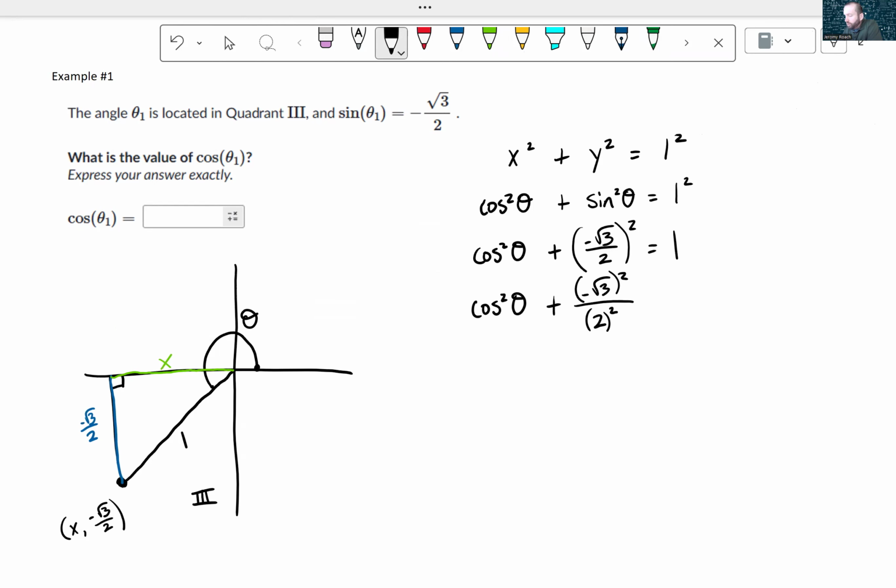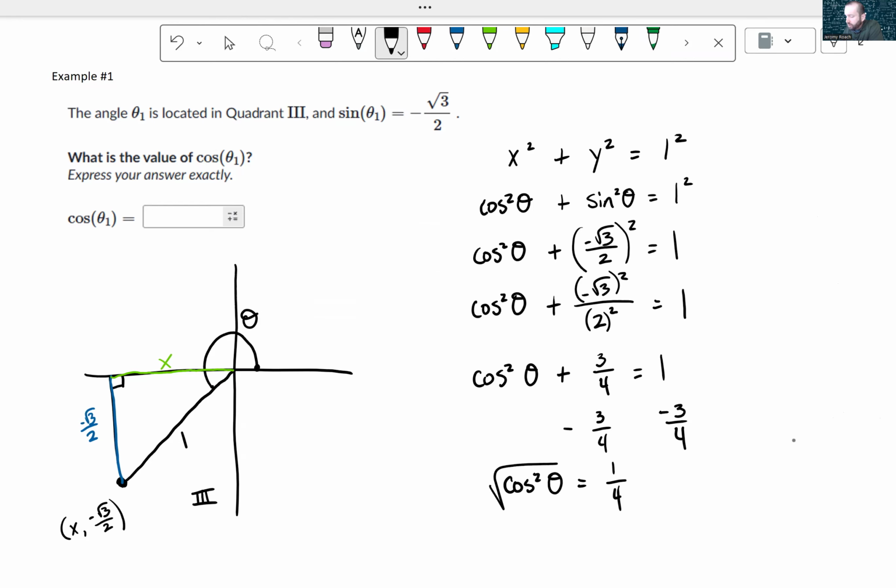We're squaring both the top and the bottom. And this becomes 3/4. It's equal to 1. We're going to subtract by 3/4 on both sides. You get cosine squared theta equals 1 minus 3/4, which is the same thing as 4/4 minus 3/4, which is just 1/4.